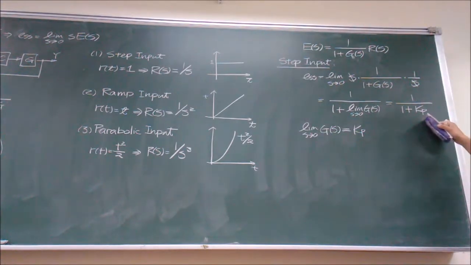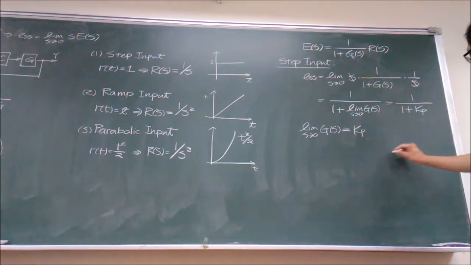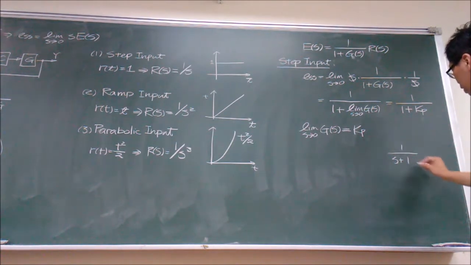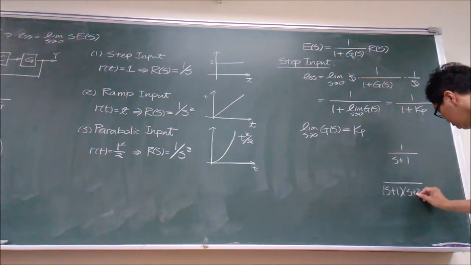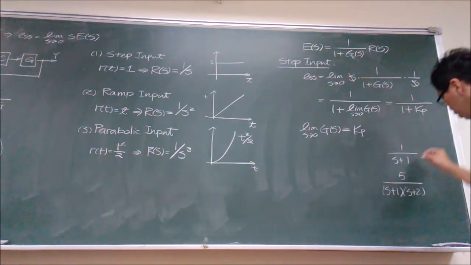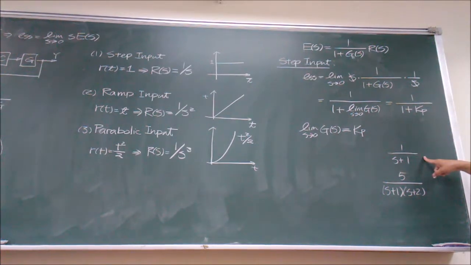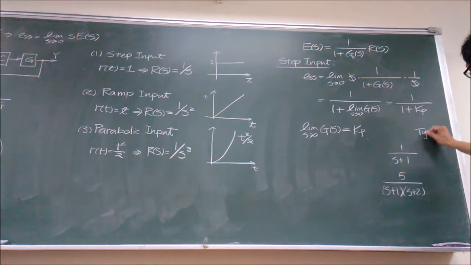If you do not have any integrator in your system, does this one have a free integrator in the system? No. Does this one have a free integrator in your system? No. Since we do not have any integrator in your system, we have 0 integrators, which means we are at type 0.